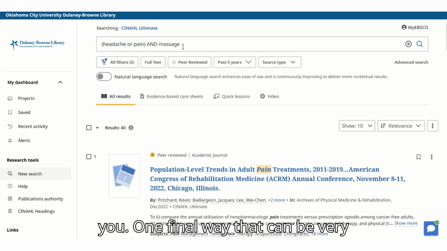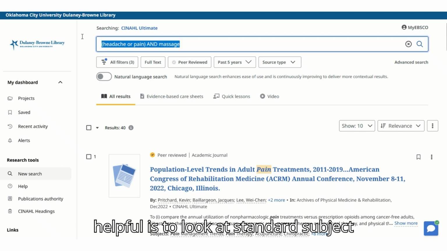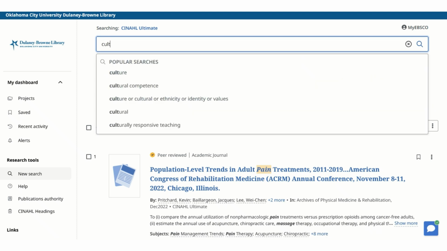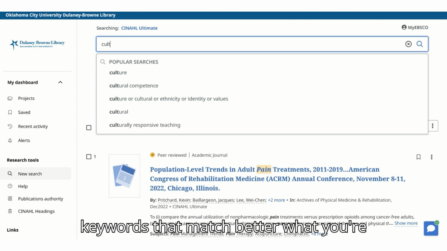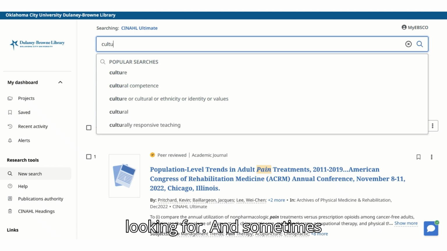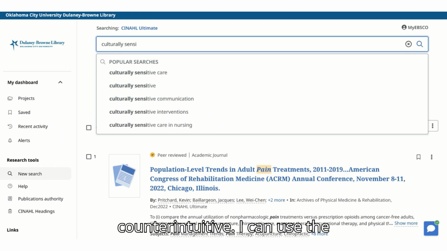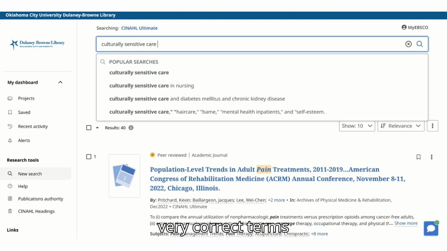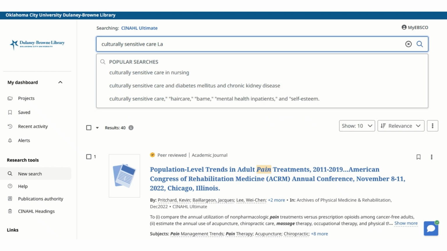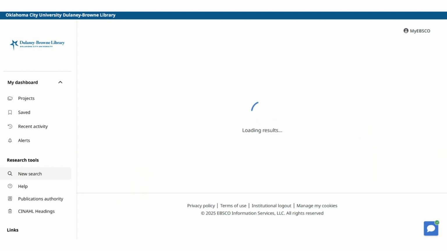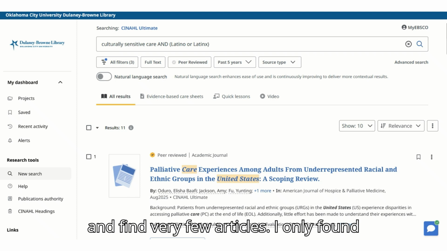One final way that can be very helpful is to look at standard subject lists to find keywords that match better what you're looking for. And sometimes this is very counterintuitive. I can use the very correct terms like culturally sensitive care, Latino or Latinx, and find very few articles.